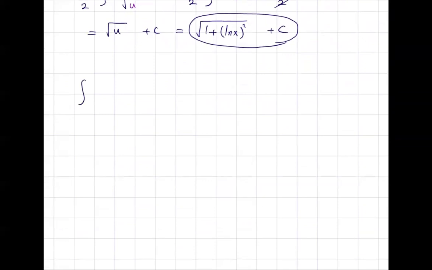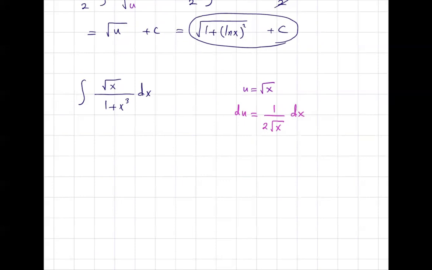Let us evaluate the integral of square root of x divided by 1 plus x cubed dx. So let us use the method of u-sub and take u to be square root of x. In that case, du is equal to 1 over 2 times square root of x dx.